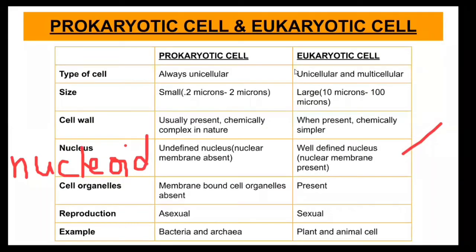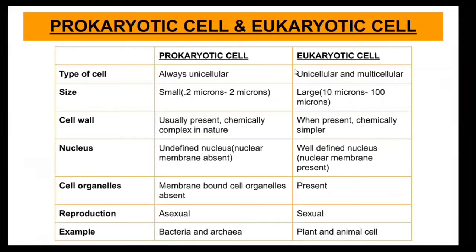Now comes the cell organelles. The membrane bound cell organelles are absent in case of the prokaryotic cell, but the membrane bound cell organelles are present in eukaryotic cell. Like eukaryotic cell has got mitochondria, eukaryotic cells have got Golgi apparatus, plastids in case of plant cell, but in case of prokaryotic cell, the cell organelles are not present.